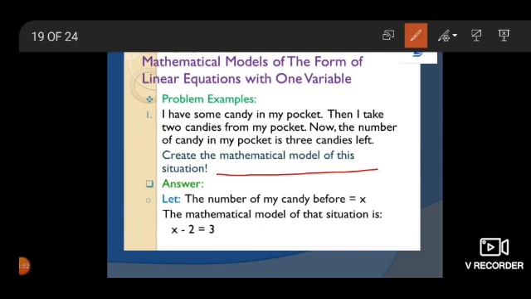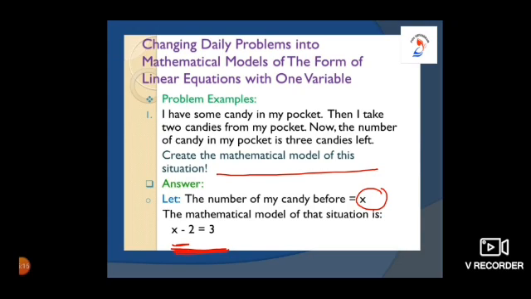Let me take the number of candies as x. I have taken out 2 candies from it, so it is x minus 2. The remaining candies left with me are 3. So how can you solve this equation? A common, very simple example. If this minus 2 goes to the other side, it will be x is equal to 3 plus 2. So now how many candies will you have? That is 5. So the number of candies with you is 5.